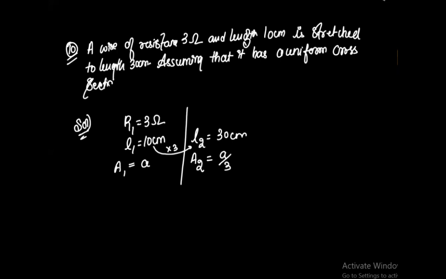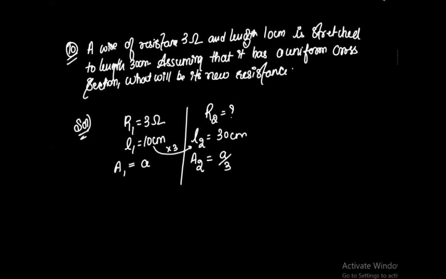I'll tell you what's the meaning of uniform cross section. What will be its new resistance? New resistance means R2, question mark. Check carefully. Is this clear?